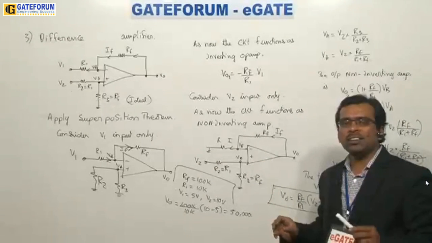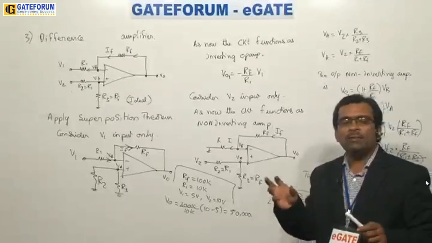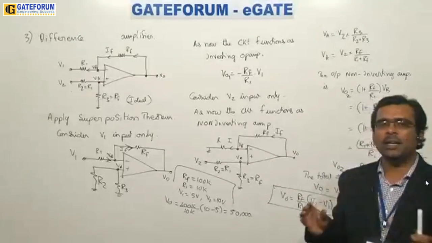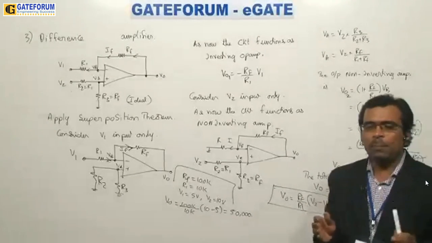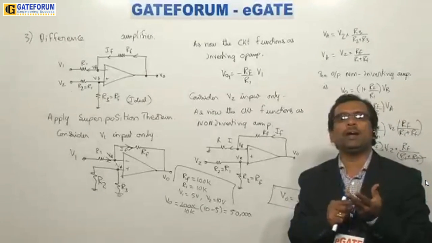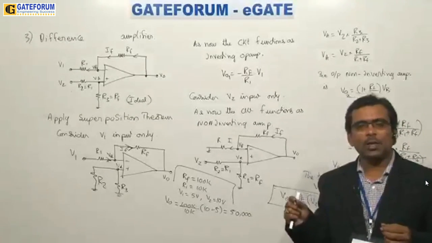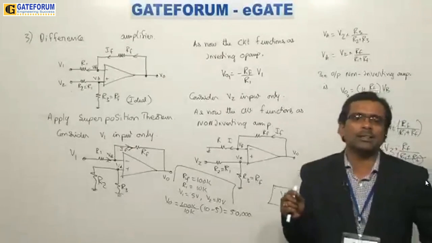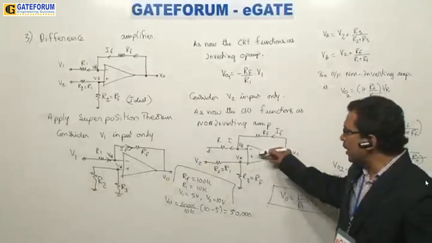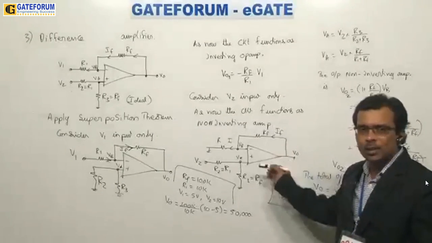Why? Because it is an integrated circuit. We have designed the circuit and fabricated it in an IC. When you fabricate it, to perform well it is provided with proper biasing, as you have done in transistor biasing, fixed bias, collector based bias. Here also the biasing is done inside the op-amp for the transistors.